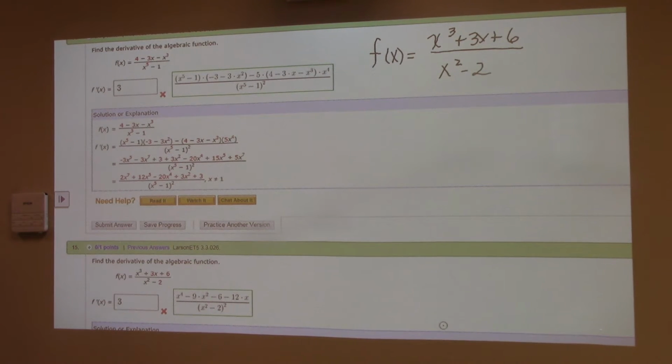Some of you think, good God, is he ever going to get off the quotient rule and the power rule and the product rule? Yes, but you're going to thank me when we get to the trig functions. When you have trig functions intertwined with algebraic functions and you're trying to figure out what to do, you're going to fall back on these rules. That's why I have to drill them in your head.